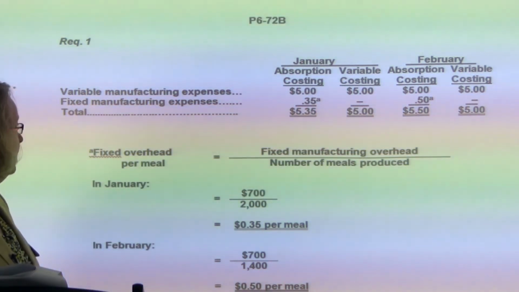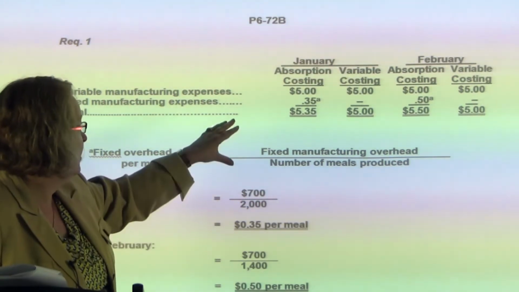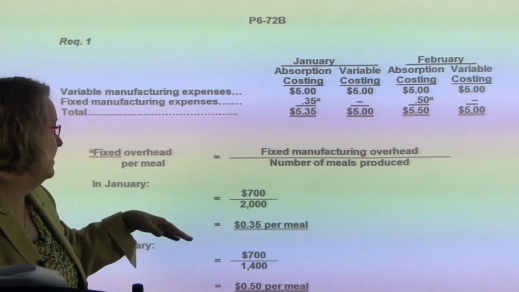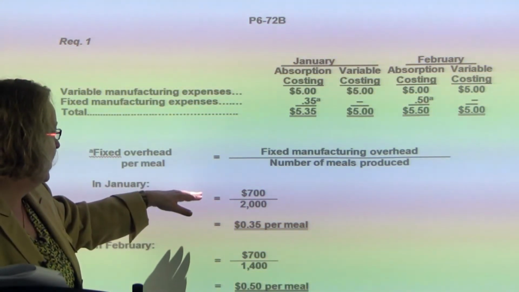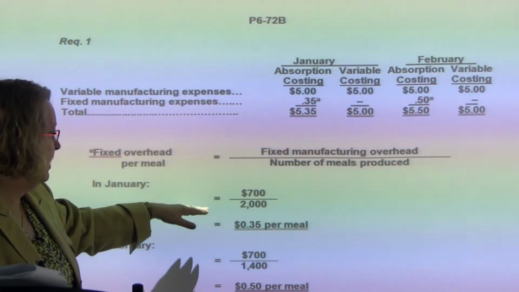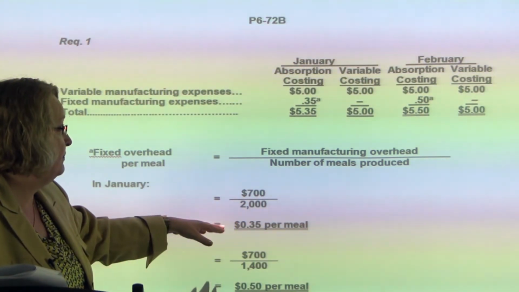So under absorption costing, the main difference between absorption and variable is that absorption includes your fixed cost presented on a per unit basis. So your fixed overhead for January was $700 and 2,000 meals produced, 35 cents per meal.